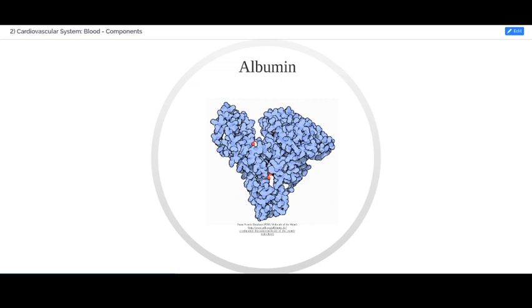Now, this is albumin, and you can see from its overall structure that it is fairly globular, meaning that it doesn't have a whole lot of real shape to it. It's just taking up space.